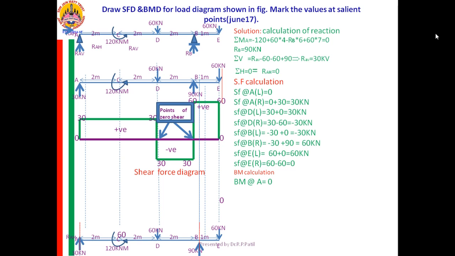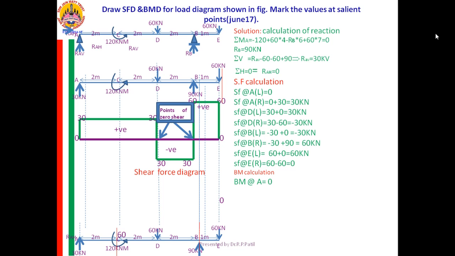Next, BM I want at left of C. Left of C, when you are doing it, say where is the left of C? Here is. When you are saying couple is acting exactly at C, when you are saying the left of C, and if you are taking the left part, whether the couple comes into picture or not.